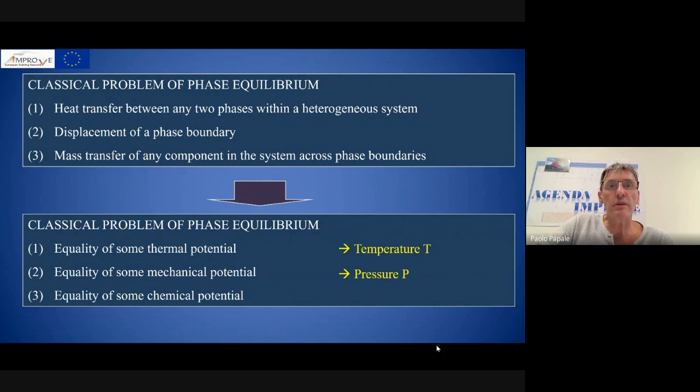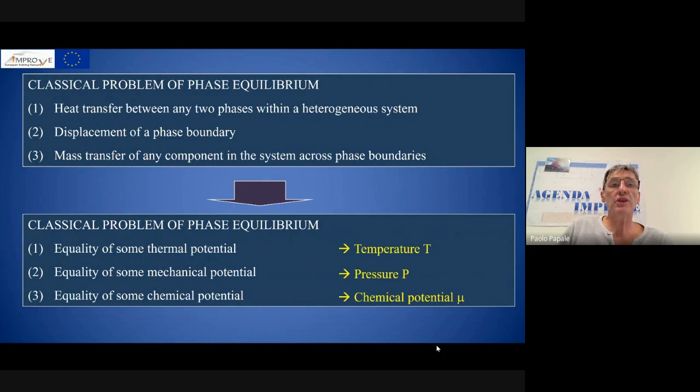What is the chemical potential? That is, the quantity that should be the same across all phase boundaries in order to stop any further flow of mass. Well, we call this chemical potential the chemical potential. We do not have a special name for it, such as temperature for the thermal potential or pressure for the mechanical potential.